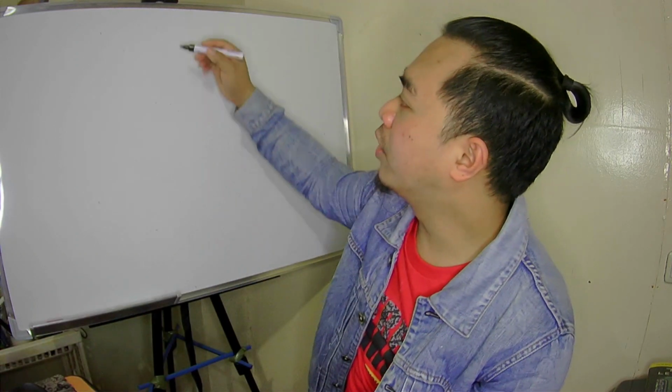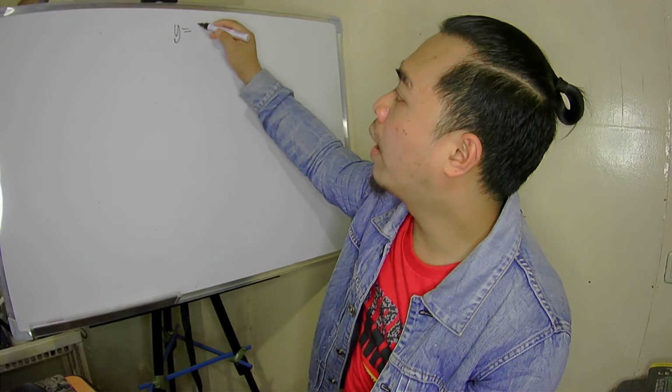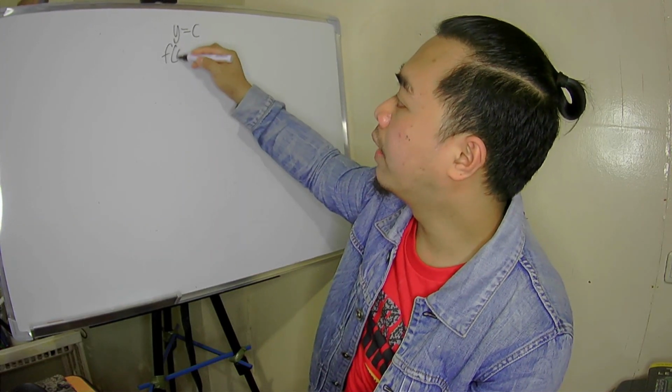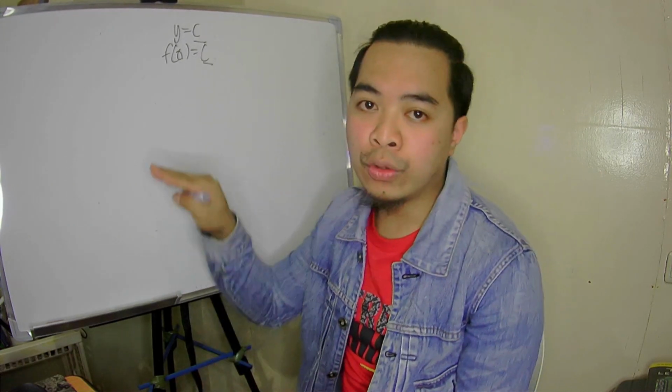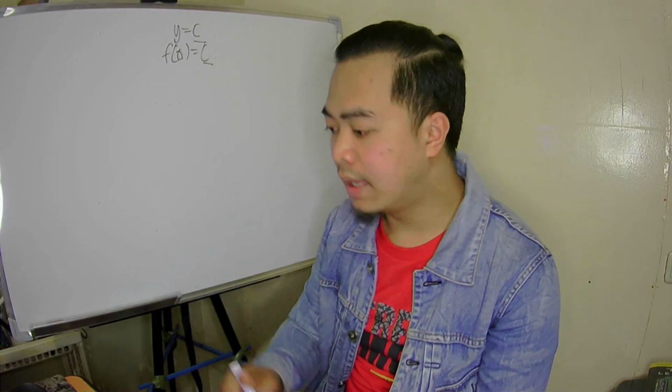So the first one is a property about the limit of a constant. Constant function ang ibig sabihin niya. Function pa rin naman yon. Ang constant function, any function of the form y equal to c or f of x equal to c. Yung c, any constant. If you graph that one, that is a horizontal line.